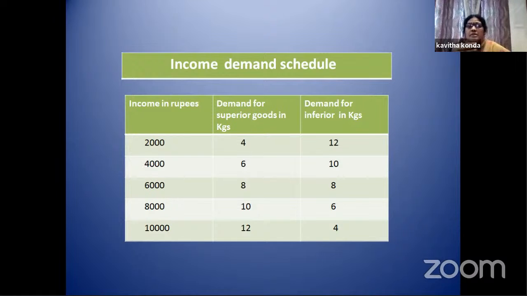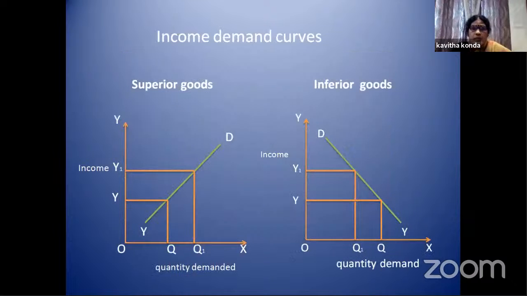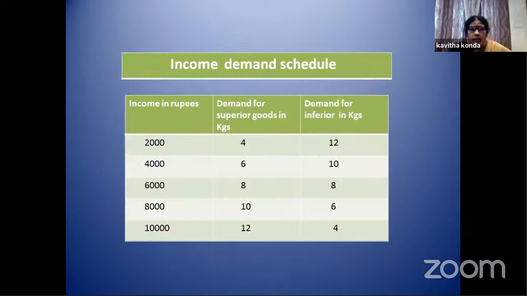As shown in this table, when the consumer's income is 2000, the demand for superior goods is 4 kgs and for inferior goods is 12. Why? Because his income is only 2000 rupees.